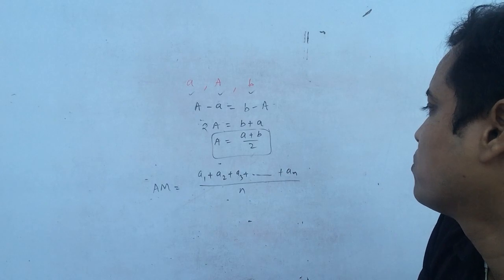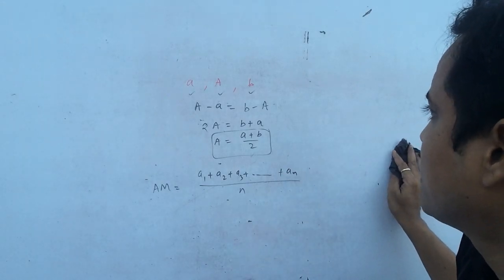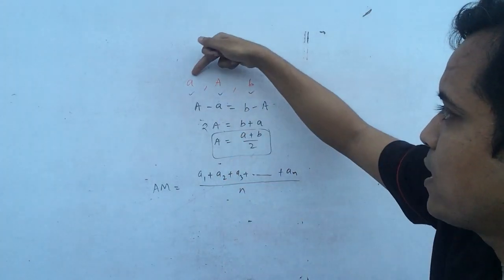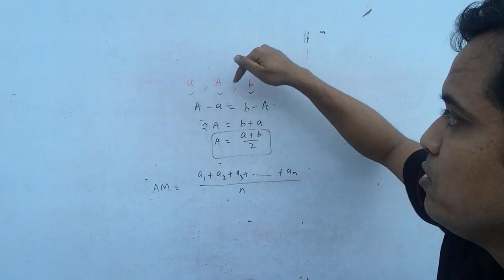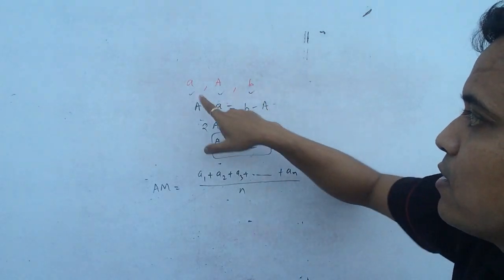And one more thing, you can introduce many. Okay, that's all about arithmetic mean. So what have you studied about? If you want to find arithmetic mean of two numbers, okay, so you have to introduce capital A in between a and b, because you are going to find the arithmetic mean.